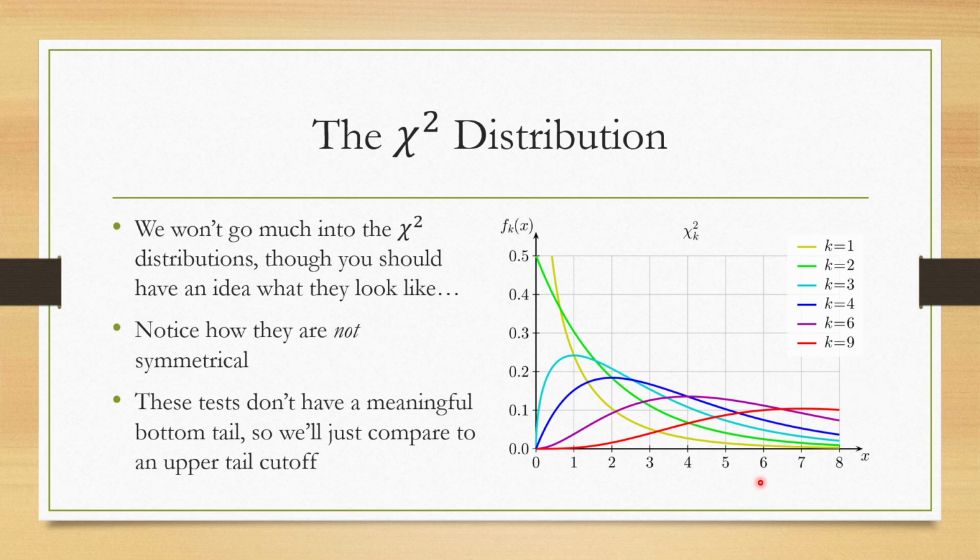And ultimately what this means, because we are just looking at the top tail, is that we're going to be, A, putting all of our alpha area into the top tail, and B, looking to see if our test statistic is further out than the top critical value. So we're going to be looking for large positive test statistics to determine a significant difference.